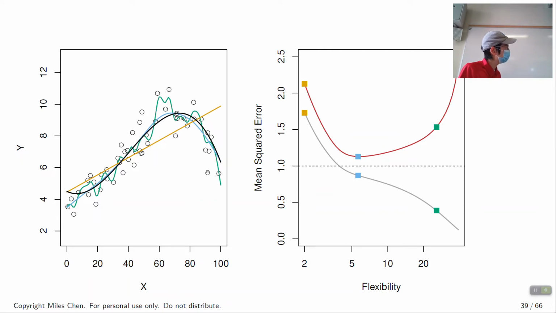Blue approximates the true relationship pretty well. It doesn't quite get this little twist here, but it does a pretty good job. Green is super flexible and it's trying to fit the training data. It's trying to minimize the distance between any of the points, and so it's quite wiggly.